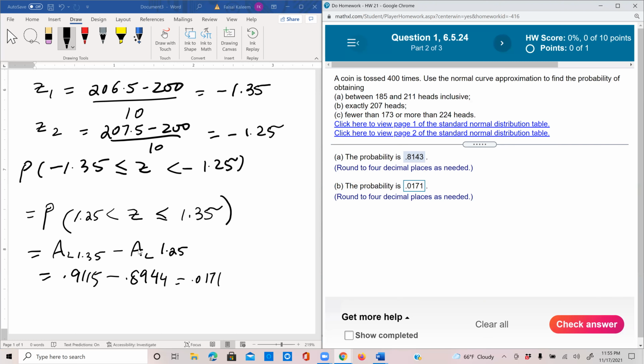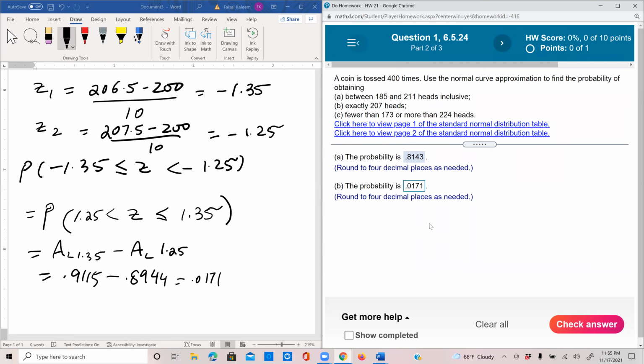Okay, so let's see if we did it right. 0.9115 minus 0.8944. So negative 1.35 and negative 1.25, this is fine. So it would be between 1.25 and 1.35.